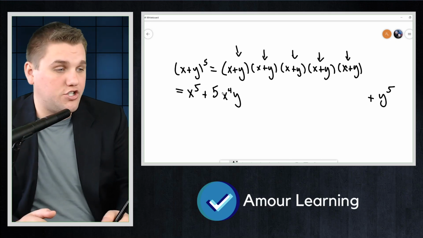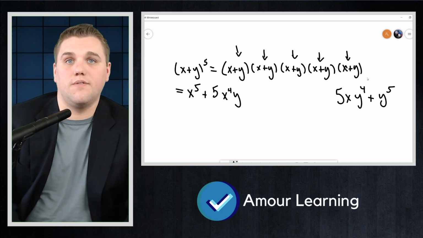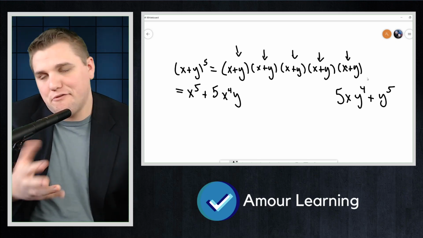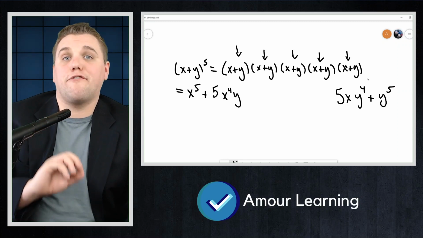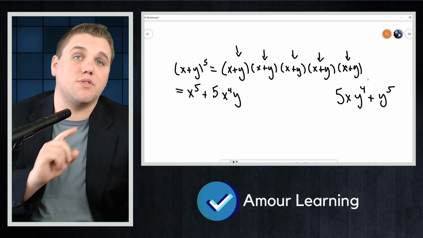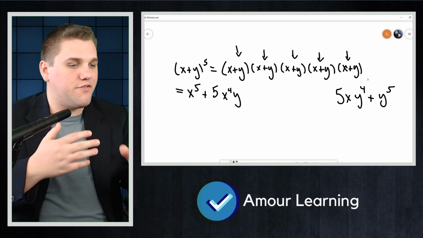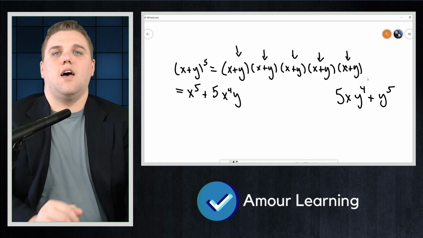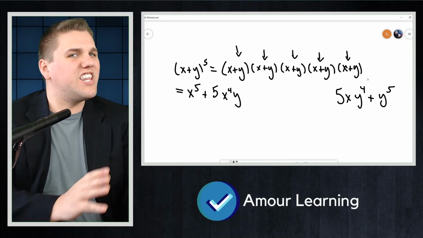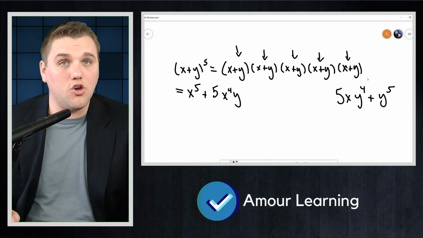This is also the coefficient, by the way, for x y to the fourth. For the same but flipped reason, there are 5 ways to pick which of the 5 binomials contribute the single x in that scenario. So far, we have this. We still need the coefficients of x cubed y squared and x squared y cubed.